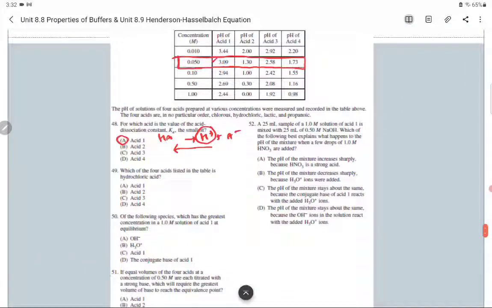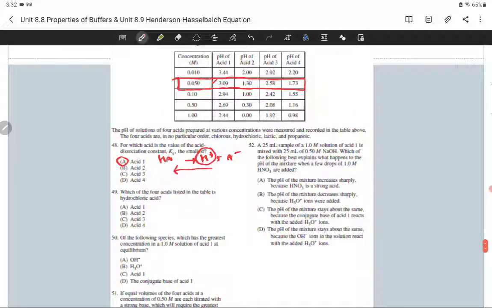Okay. Which of these would be hydrochloric acid? Meaning, which of these would be a strong acid? Remember that strong acids fully dissociate, so every molarity of the strong acid makes the same molarity of H positive. So if you wanted to figure out the pH of that, you just have to do that.